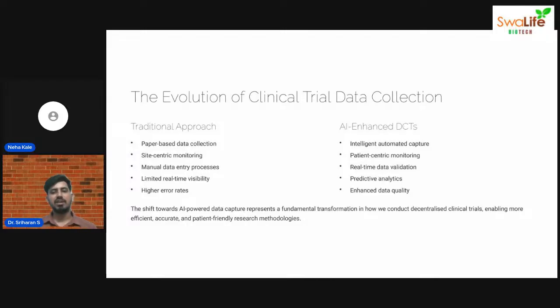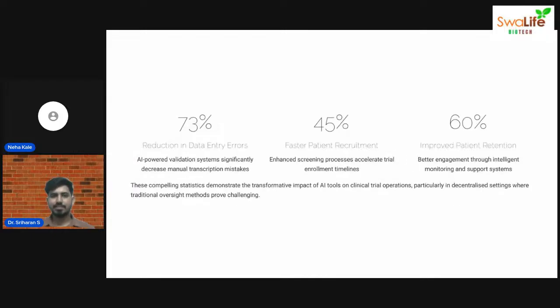We use e-consent, eCRF, and patient-centric monitoring using ePRO, so that we interact with the patient daily and can get their daily reports. With real-time validation, we check the data immediately, so we can catch errors. With predictive analytics, AI can identify and forecast risk. And for data quality, it gives pure data quality, avoiding the high rate of error.